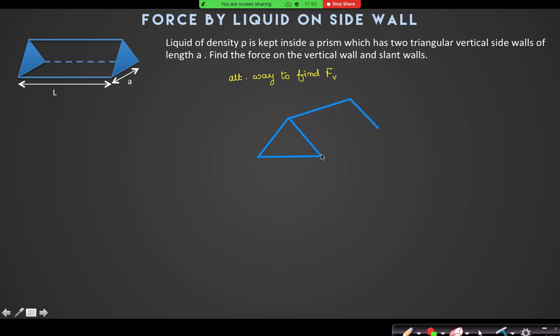I'm drawing the cross section only. Let me draw the cross-sectional view, then it will be more clear. So this is the cross-section view of the fluid that is kept inside the prism.